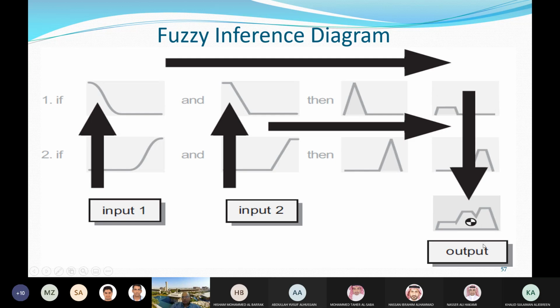You have the summation, and you end up with the collective output, and you calculate the centroid, and then this gives you the output. So this is the output that you have. So if this is the 5% tip, and this is the 30% tip, you can see how much tip you will be here. Is it clear, Shabab?